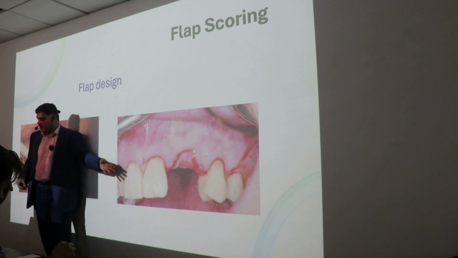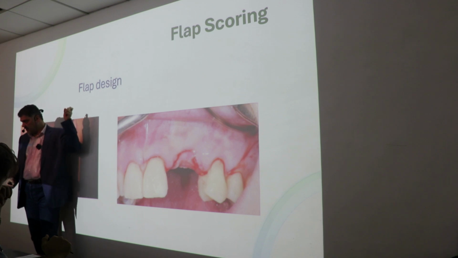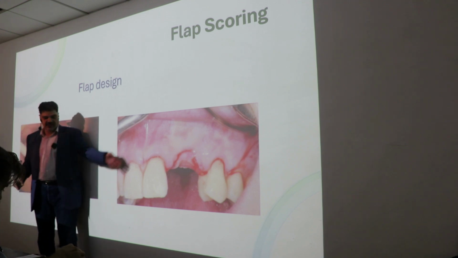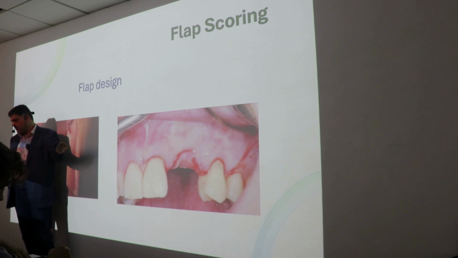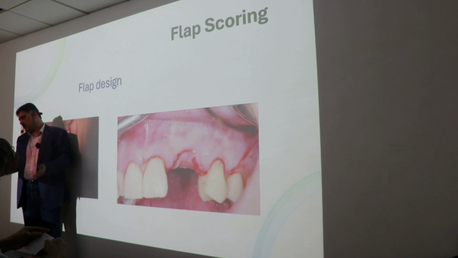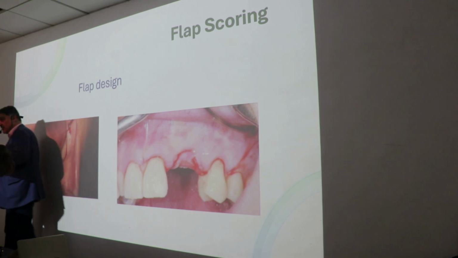In some cases, I can extend an extra tooth before the vertical, in case I have a mental foramen, for example, or maybe the canine eminence. I don't want my incision to be there. The mucosa there is very thin. Or the defect area, yes, for sure the defect area.